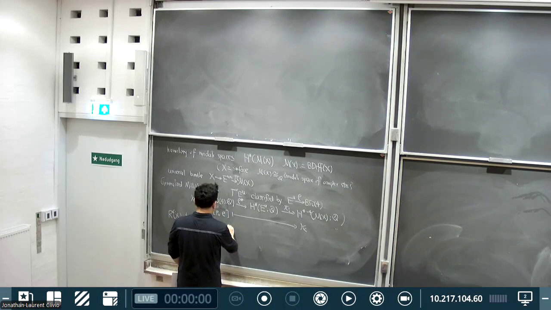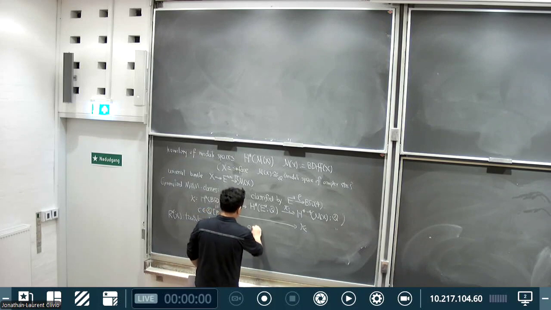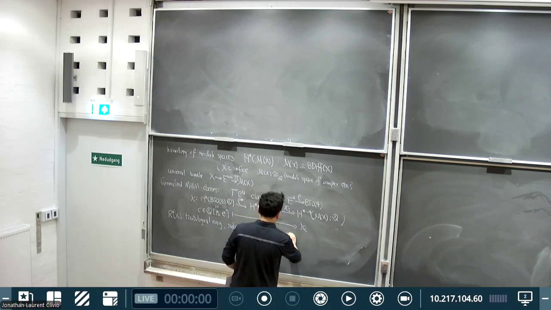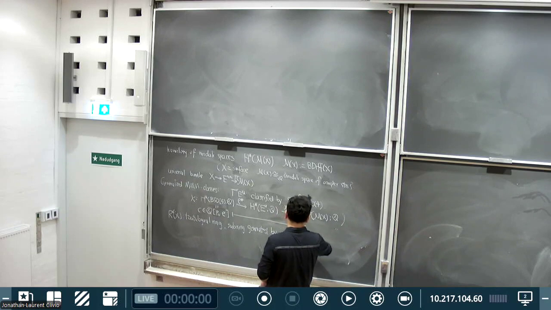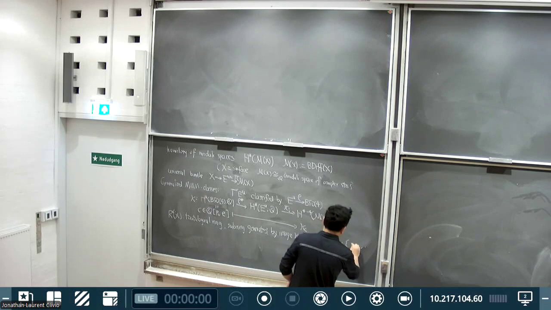It's the subring generated by the image of, namely, in other words it's just generated by these classes.